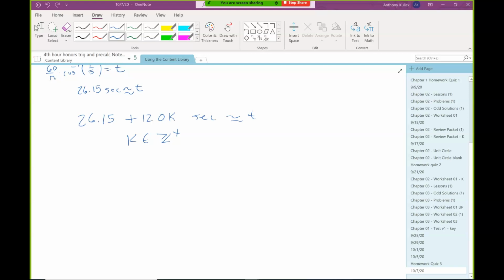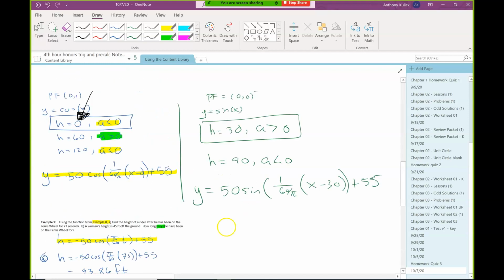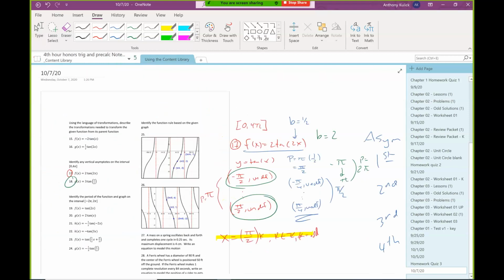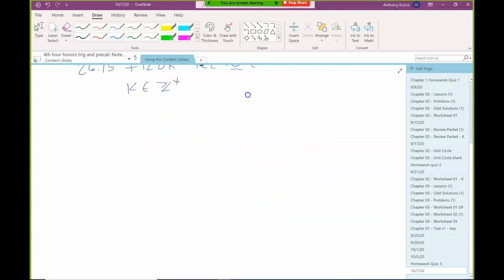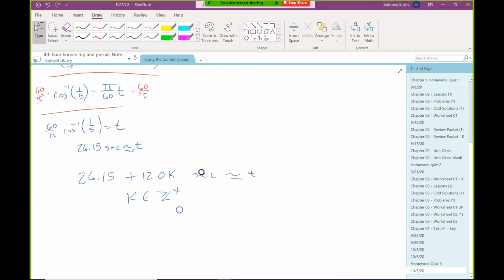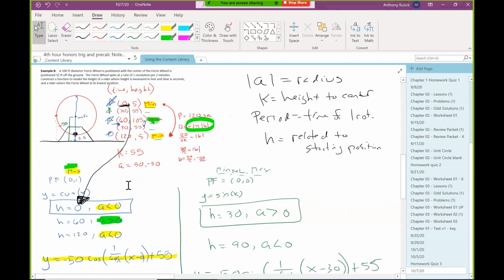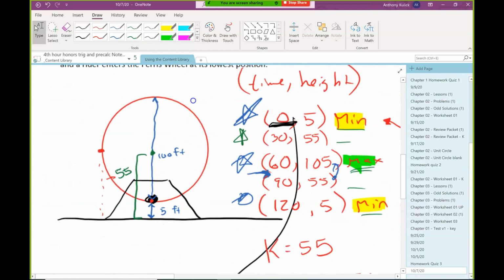Let's go back and look at our picture. Oh boy, we're getting laggy. Okay, come on now. So 45 would be around here, correct?